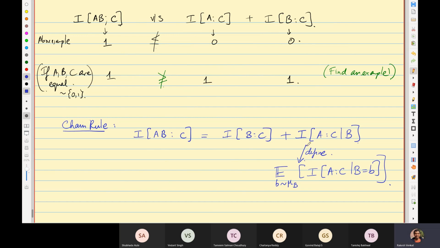Okay. So this requires a proof, but the proof is quite easy. You just expand everything out in terms of entropy that we already know, and this will just follow. So you can write everything in entropy conditioned on B. Okay, so I've introduced this new notion of mutual information.